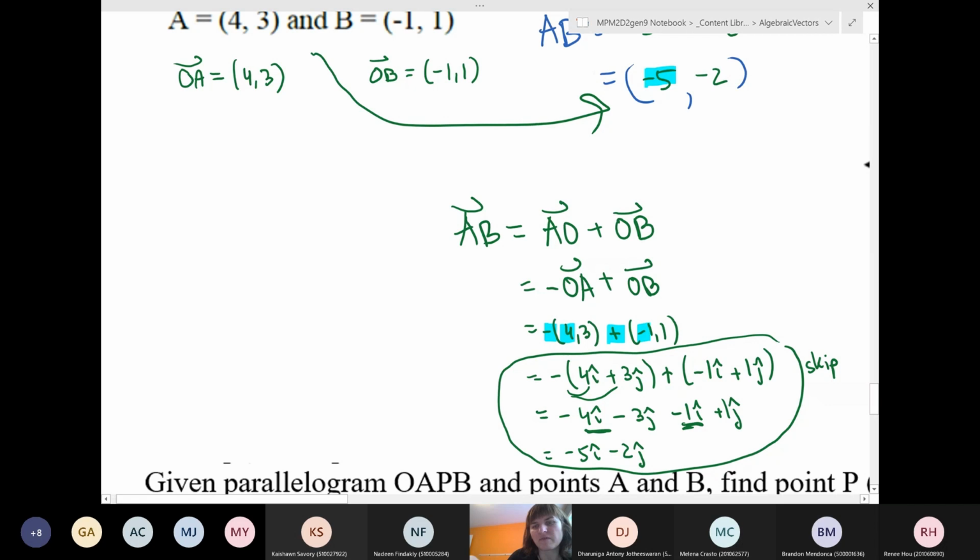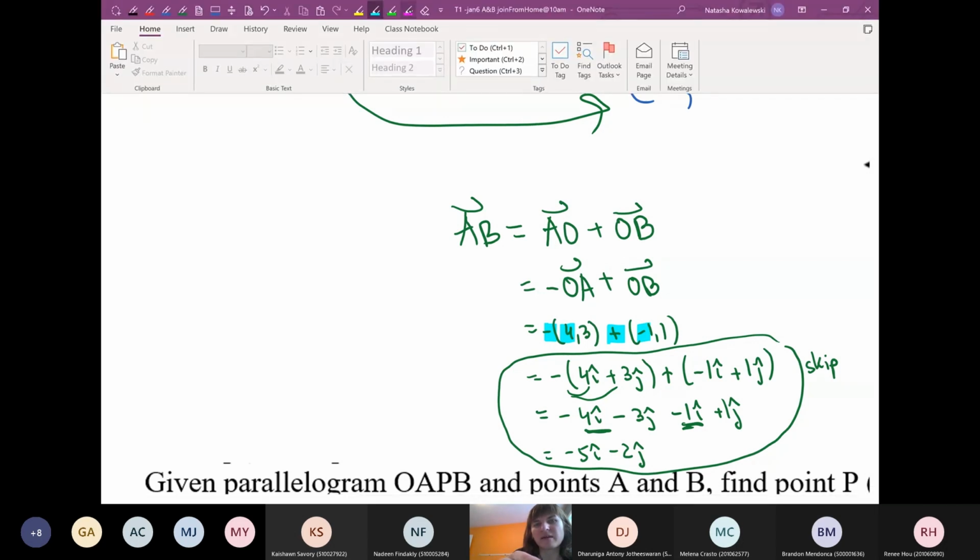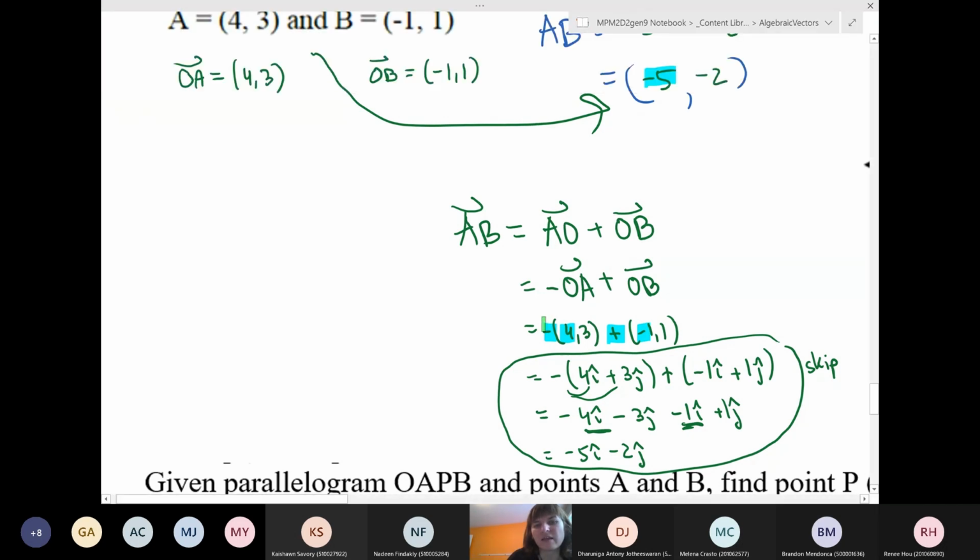That gives me -5, right? Then if I think about the other one, I have negative on the 3 plus 1. So -3 plus 1 is this -2. So in the future, you could just do this addition without resorting to i's and j's. But it is important to do it only with vectors.